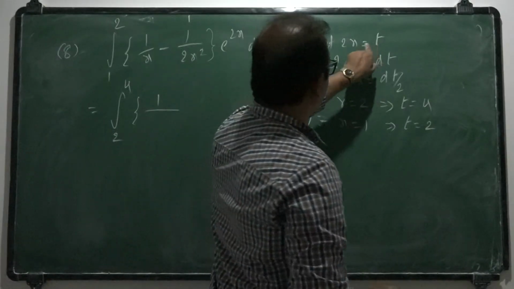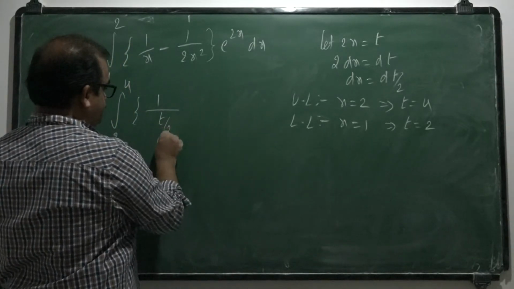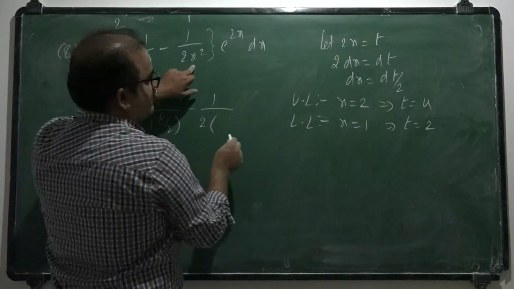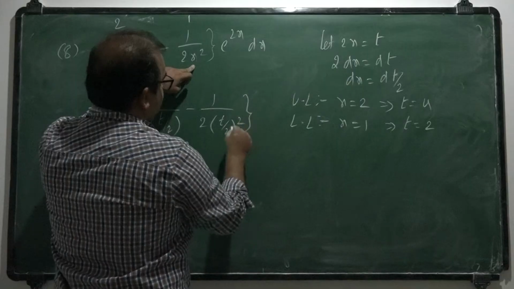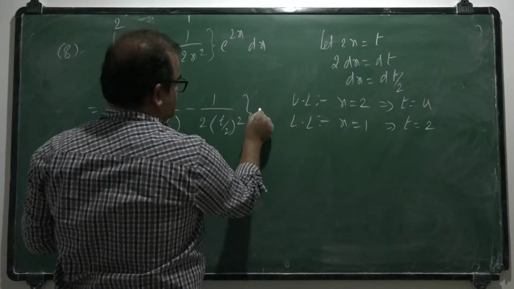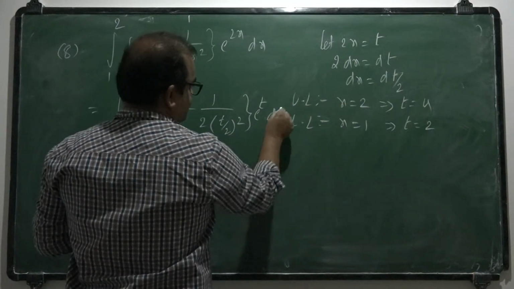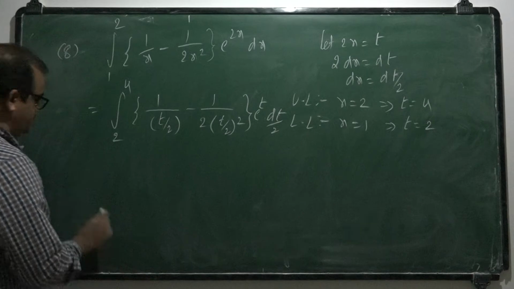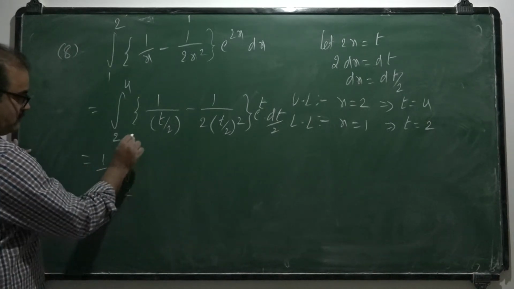Now, this problem becomes lower limit 2, upper limit 4, 1 by x. If 2x is equal to t, what is x value? t by 2, minus 1 by 2 into x square, t by 2 whole square, e power 2x, e power t, dx. What is dx? dt by 2. 1 by 2 constant, 1 by 2 into integral 2 to 4.